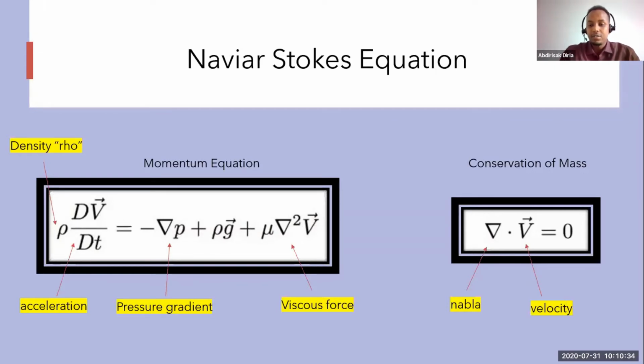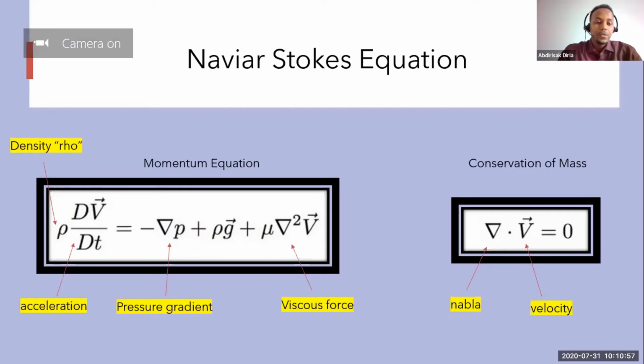The nabla sign or the gradient sign is the divergence of a vector field. So the divergence of a vector field is the partial derivative of velocity with respect to the components of x, y, and z. The result is 0, and that means mass is conserved.